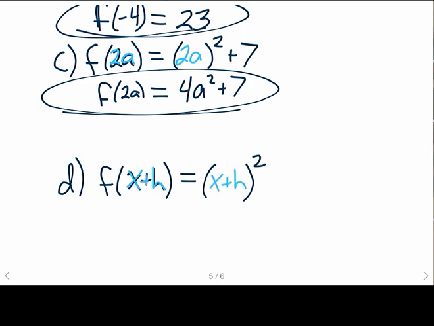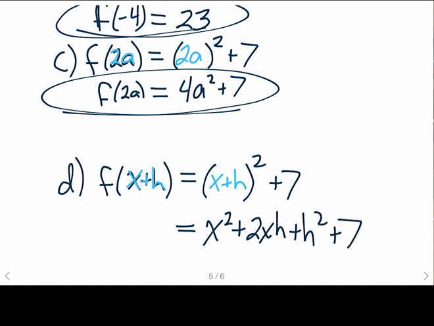And so I'm again going to use parentheses to indicate that I'm squaring that whole quantity. And when I do, remember we're squaring a binomial. There's a pattern for that. We get x squared plus 2xh plus h squared plus 7, because that 7 was along for the ride. And that's what we're going to say that f of x plus h is.